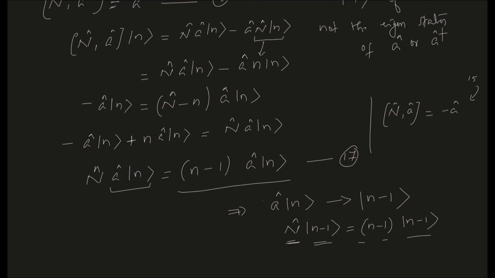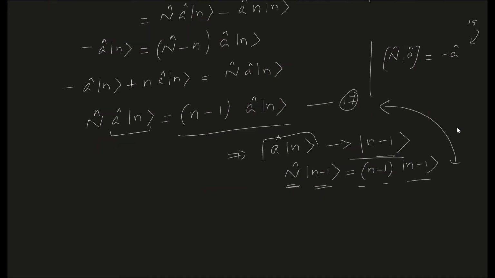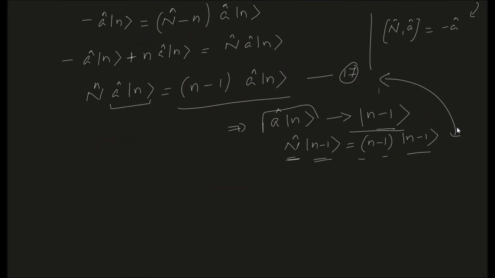If you consider the effect of a|n> as generating a state n minus 1, then these two things will be the same. So what we infer from this equation is that whenever a acts on the eigenket |n>, it generates a new state which is lowered by 1 unit. So if it acts on |n>, that will give you a new state |n minus 1>.